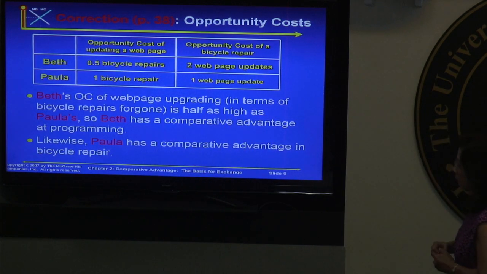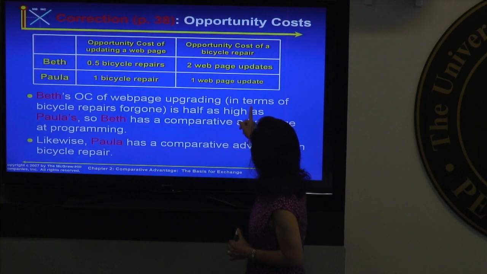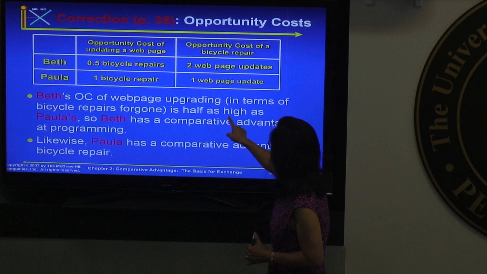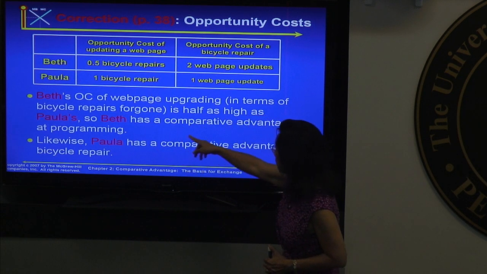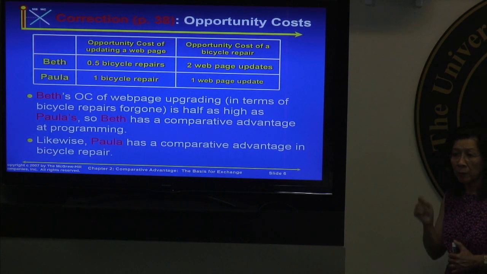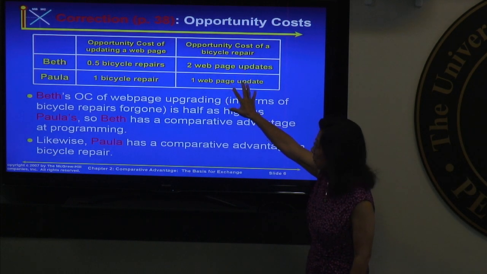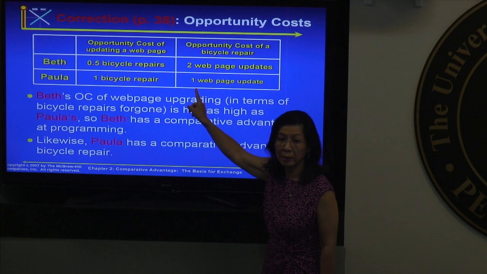So Beth, again, look at the first lady, opportunity cost of web page upgrading in terms of bicycle repair foregone is half as high as Paula. So we're comparing like that. So Beth has a comparative advantage at programming or web page upgrading. And then we look at this column next. If we look at this column, 2 and 1, 1 is a lower number.